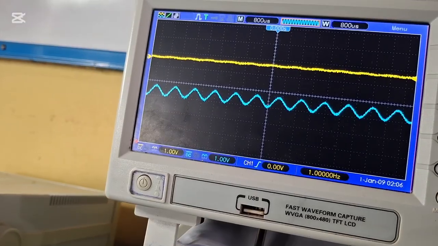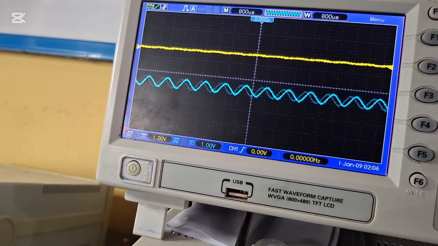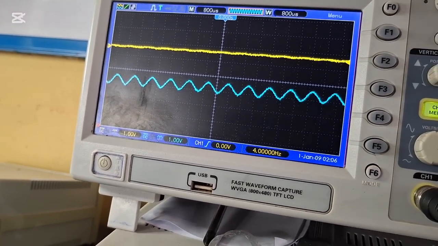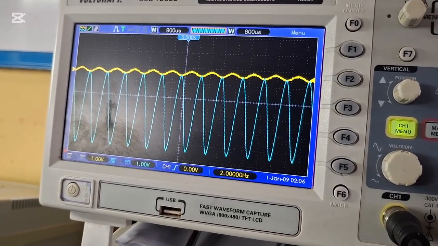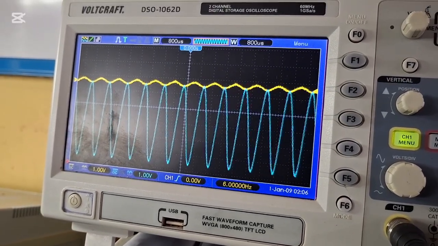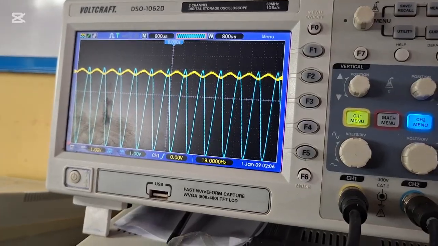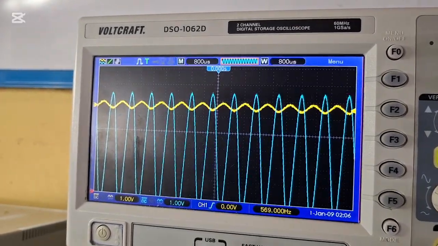With a very little input voltage, we have a very high output voltage, and that is so serious.